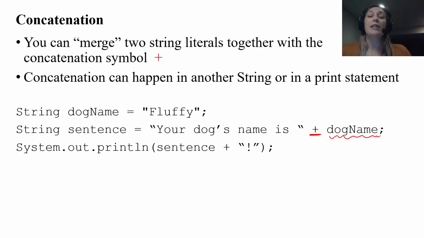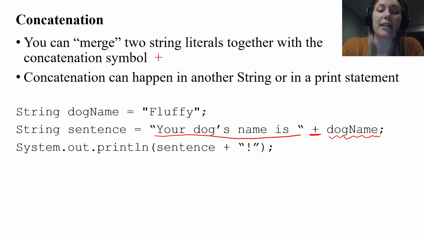Now, since dogName is a string called Fluffy, it's going to push your dog's name is and Fluffy together to make one sentence. The container called sentence now contains the value your dog's name is Fluffy.